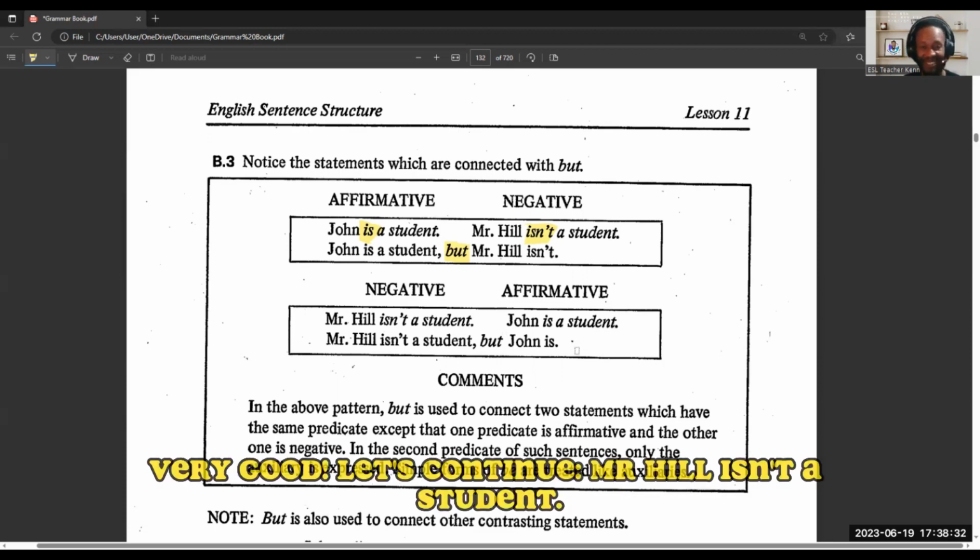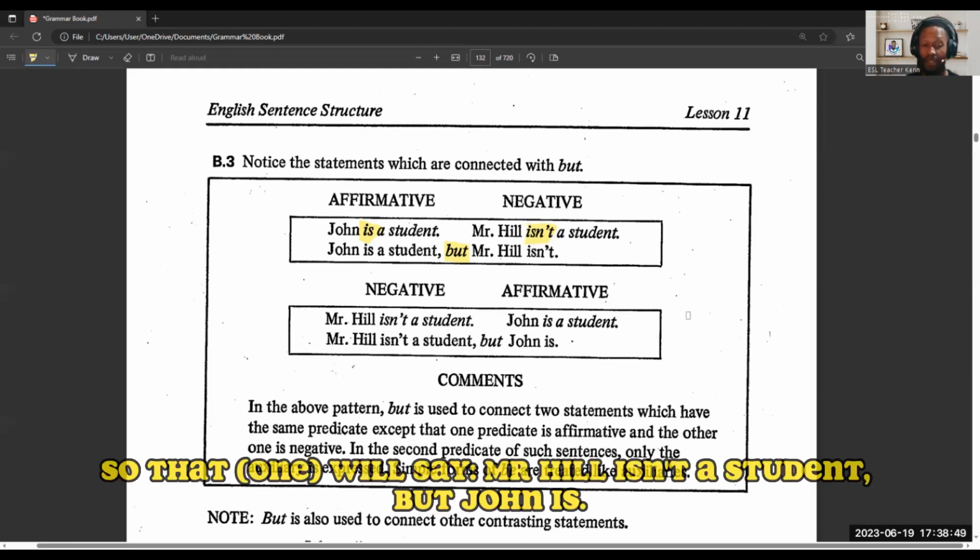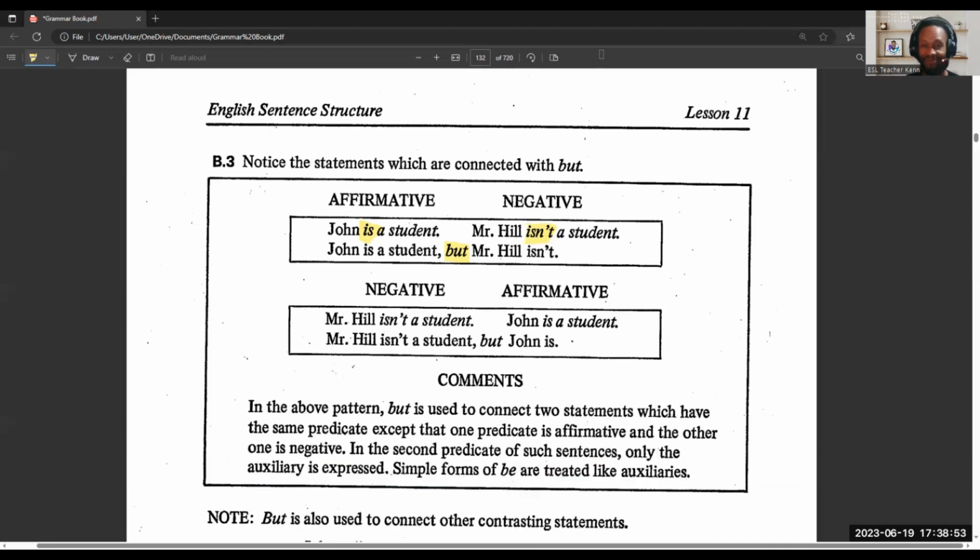Very good, let's continue. Mr. Hill isn't a student. John is a student. So we will say Mr. Hill isn't a student, but John is.